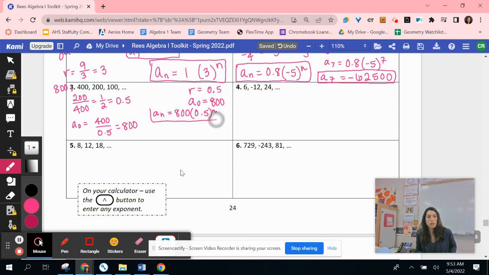That's our equation. Now we're going to find our 7th term. So 800, 0.5 to the power of 7. So again, type that in directly into your calculator, 800 parentheses 0.5 to the 7th power. And a sub 7 is going to equal 6.25.